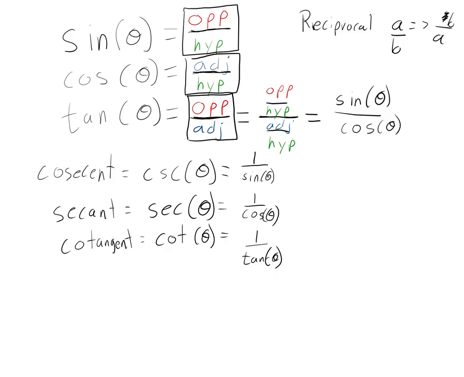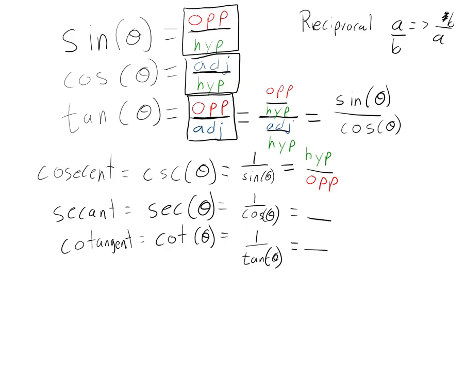So, what is the reciprocal of sine? Well, sine was opposite over hypotenuse. If we flip that around, we're going to get hypotenuse divided by opposite. We can do similar things with secant and cotangent.